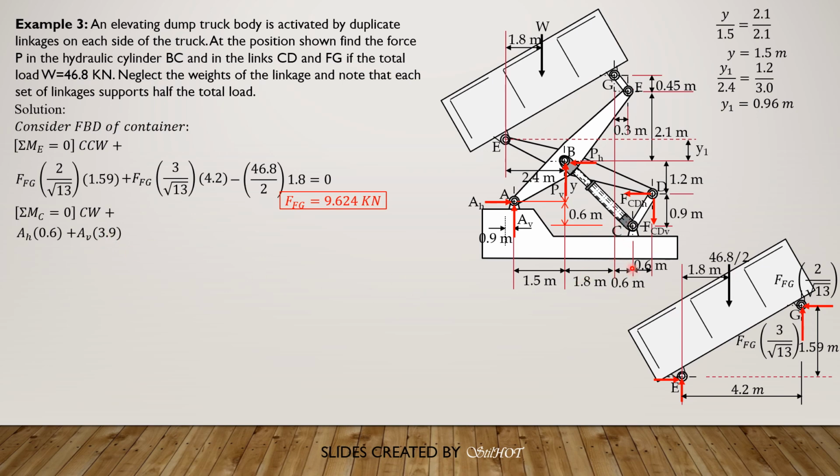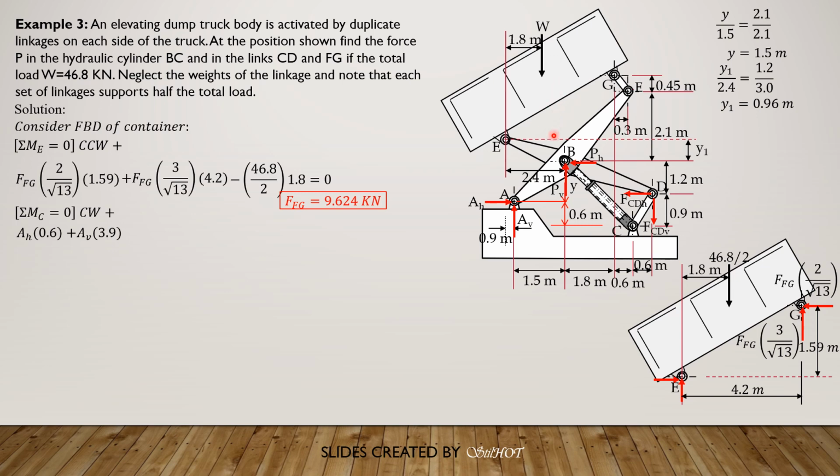Sorry, we sum up moment about C, so 1.5 plus 1.8 is 3.3, plus 0.6, 3.9. Take note that these forces are not involved because P passes through C, and the force in the link CD is along CD, so it passes through C also.